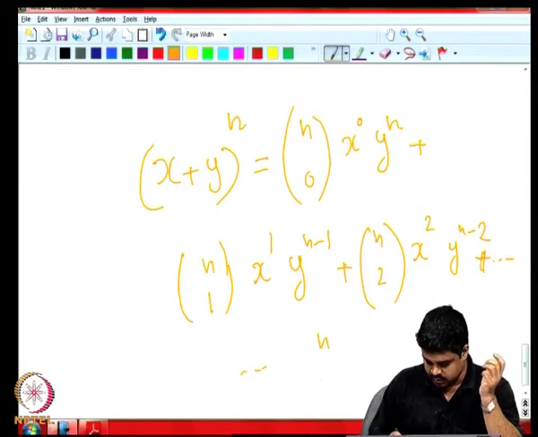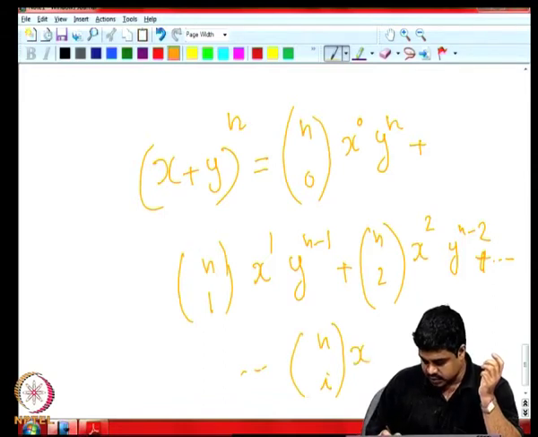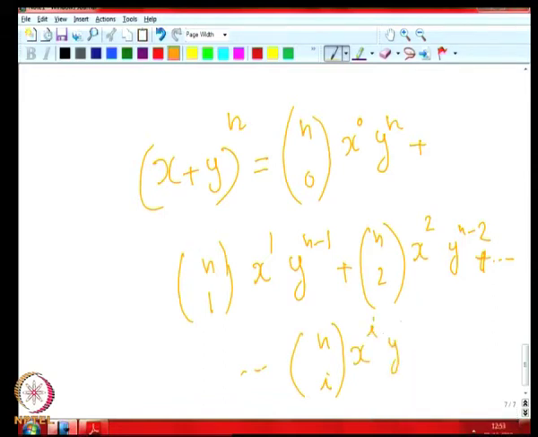A typical term will be n choose i into x raised to i into y raised to n minus i, plus so on, and the last term will be n choose n into x raised to n and y raised to 0. This is the binomial theorem.